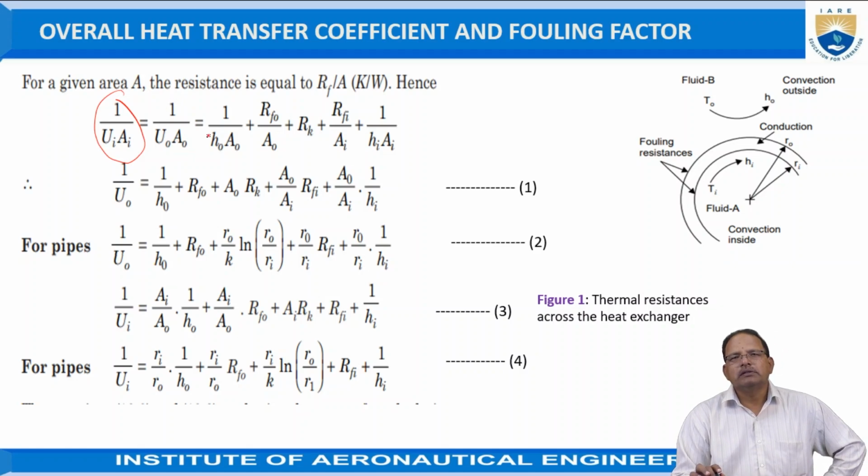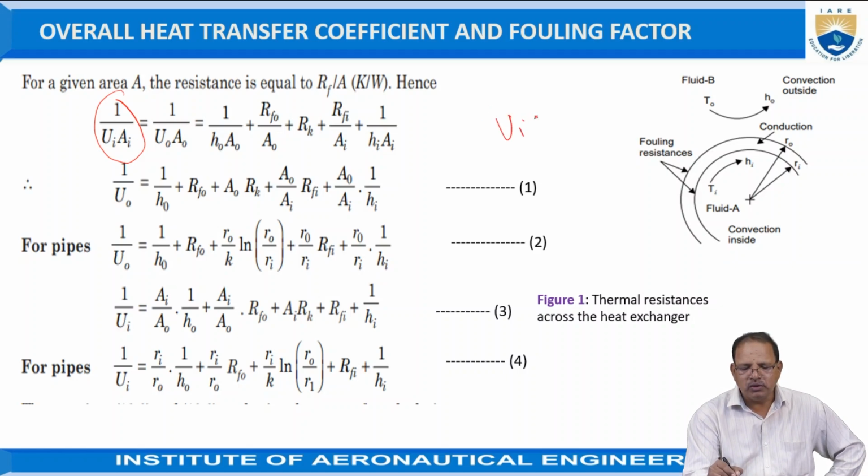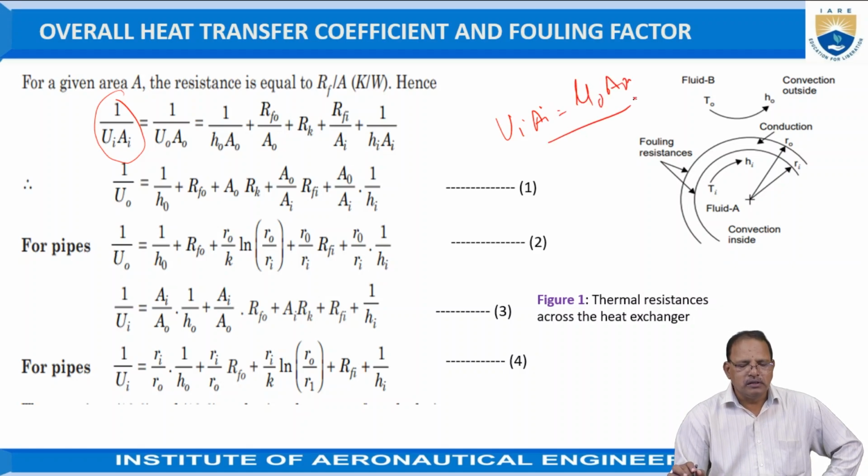Both are equal because the amount of heat energy flowing from inside to outside is constant, so both should be equal. From this relation we can write U I A I is equal to U naught A naught. Which is equal to the resistance offered, 1 by H naught A naught, and this is called convection resistance.